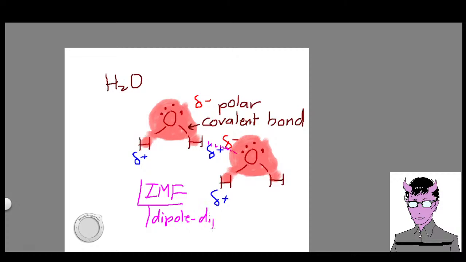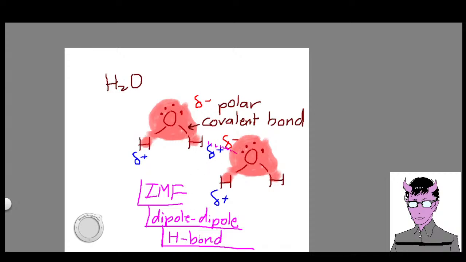But because this dipole-dipole involves a hydrogen that's flanked by two very greedy, very partially negative atoms, we call it specifically a hydrogen bond. It's not a true bond, we just call it a bond for some reason, because it's like the hydrogen is bonding those two oxygens together.